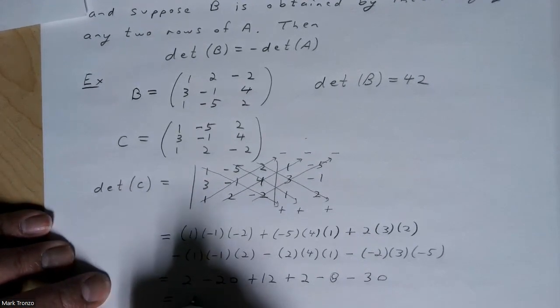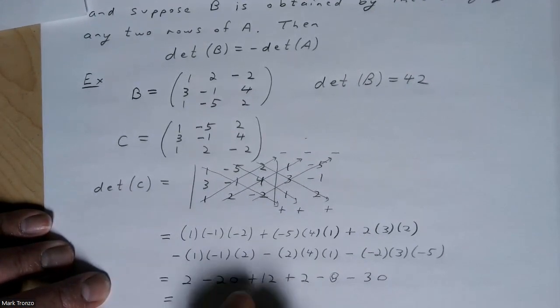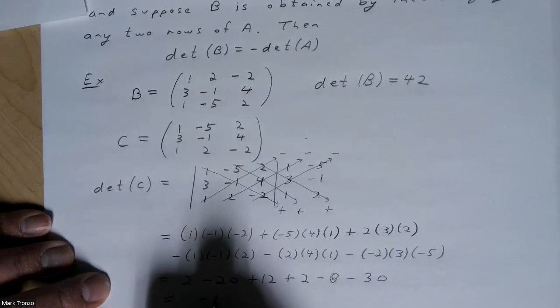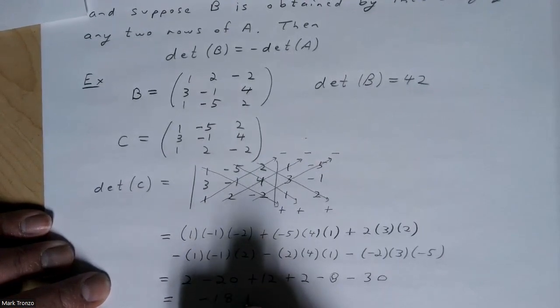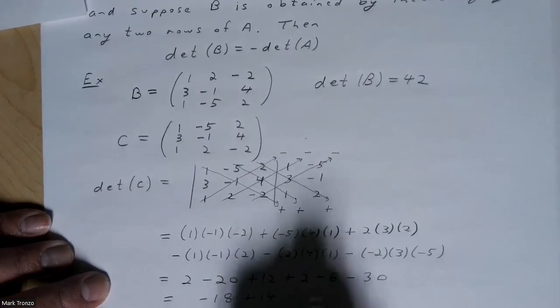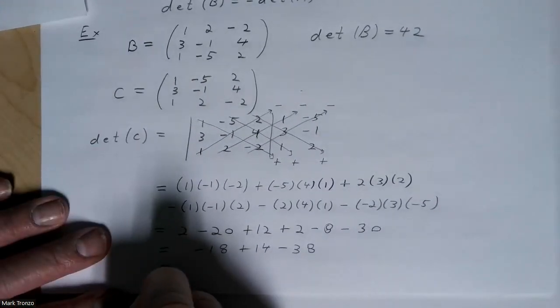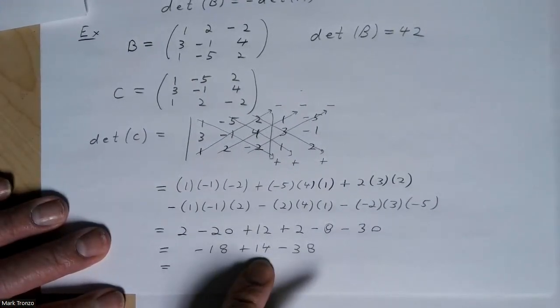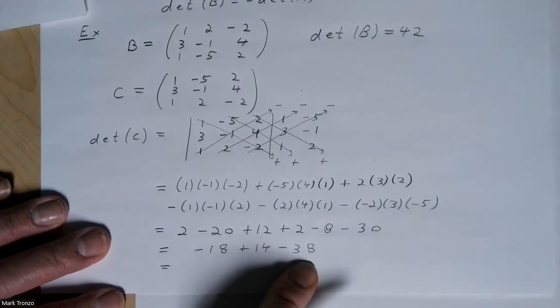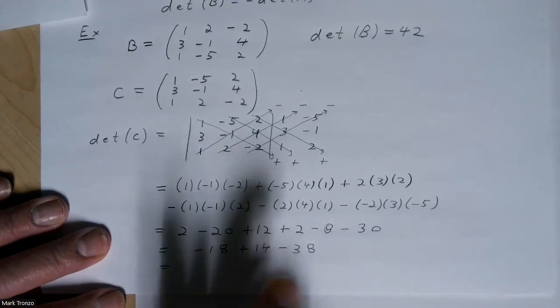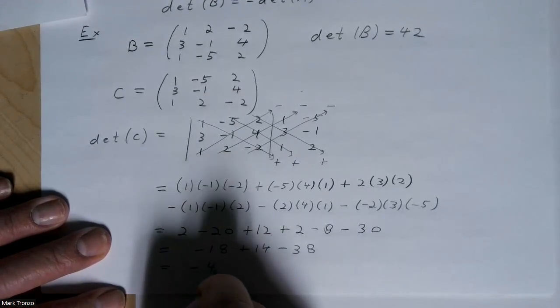So let's see what we're going to have here. This is going to be, let me put a couple of these together. Minus 18, 14, minus 38. And this is going to be minus 4 plus minus 38 is minus 42.